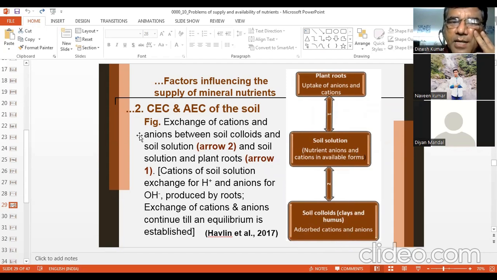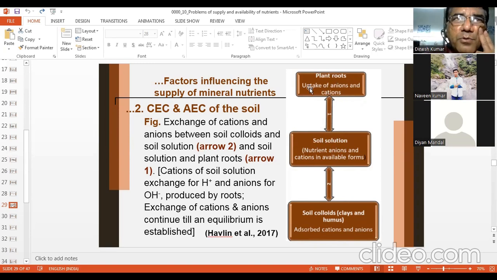So exchange of cations and anions between soil colloids and soil solution, arrow 2 here. So there is exchange of ions from colloids to the soil solution. And plant roots, arrow number 1, cations of soil solution exchange for hydrogen and anions for hydroxyl. So here the hydrogen will come to the soil solution, and then the positively charged ion will go to the plant roots during the uptake.